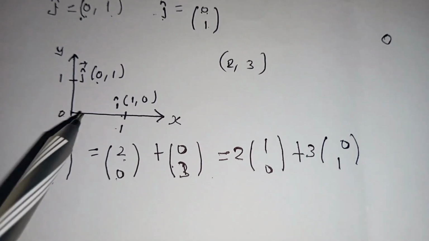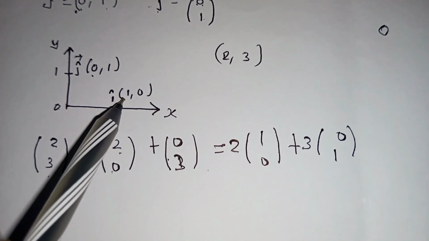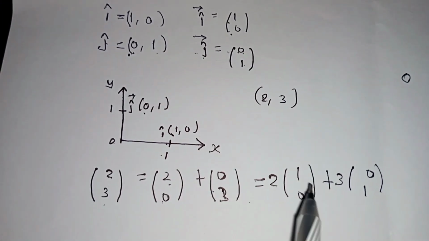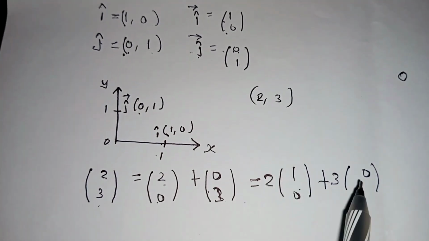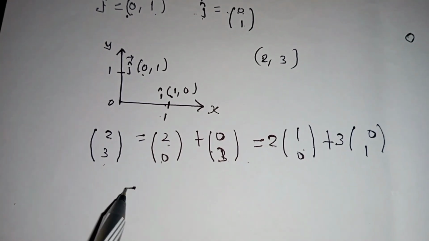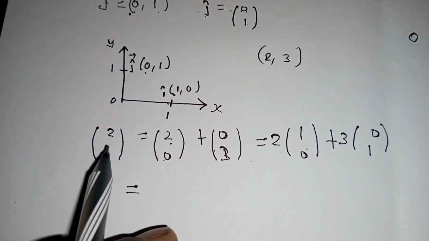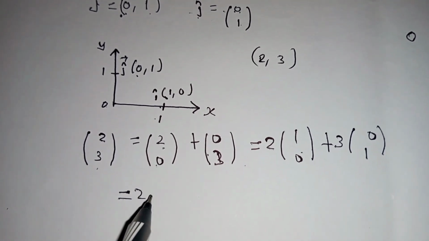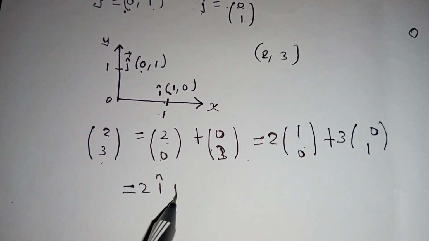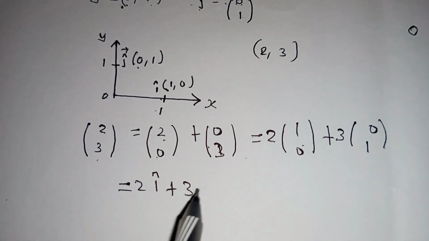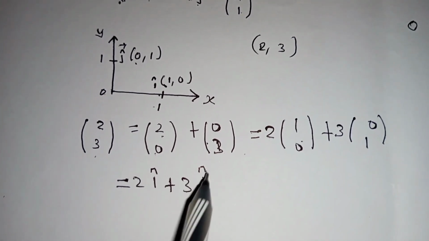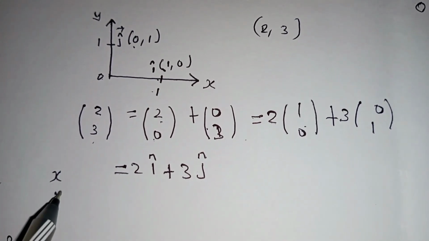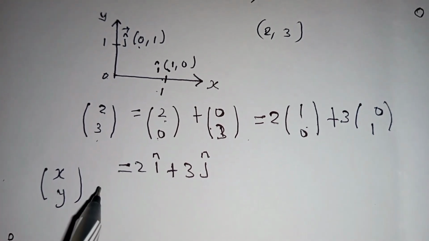We note that (1, 0) represents vector i, and (0, 1) represents vector j. So this vector (2, 3) can be expressed in terms of unit vectors i and j as 2i plus 3j.